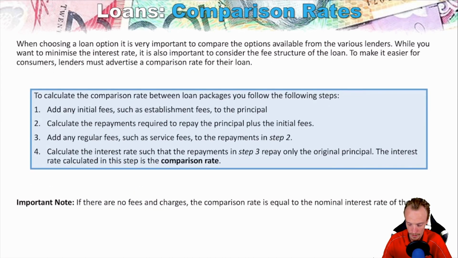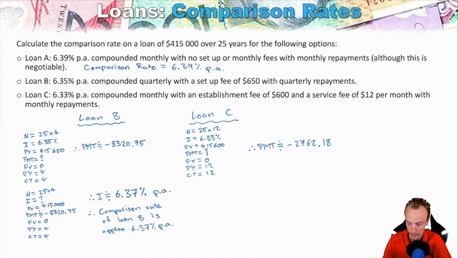any regular fees such as service fees to these repayments. So this is to repay the loan, but we've also got to repay that extra $12. So we've got to add $12 to this, but we've got to be very careful because this is a negative number. Either you can make it positive, add 12, and then put it back into this step as a negative. That's one option. Or you just make this more negative.